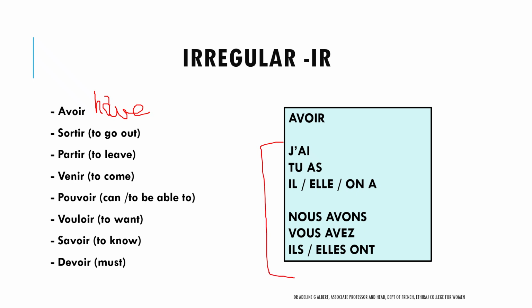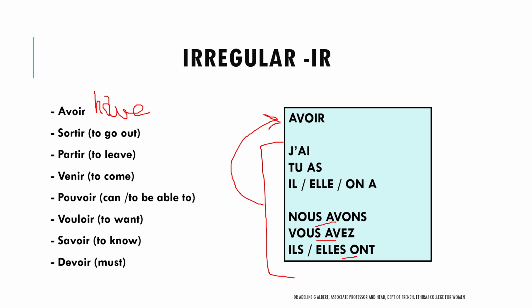One is être, which we saw in the RE conjugation. Now we are looking at avoir, j'ai, tu as, il, elle, on a, nous avons, vous avez, ils ont, elles ont. Okay? Here I'm pronouncing the S because the second word starts with a vowel.